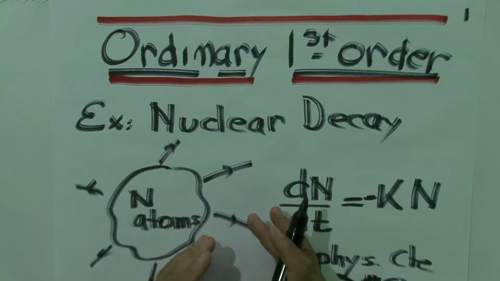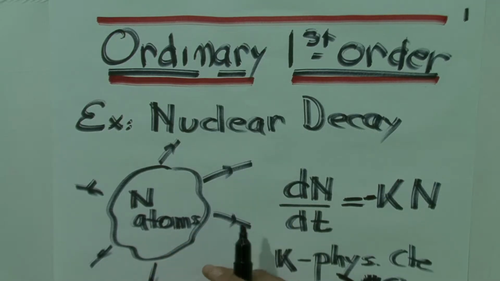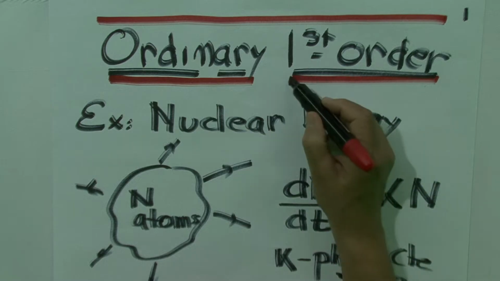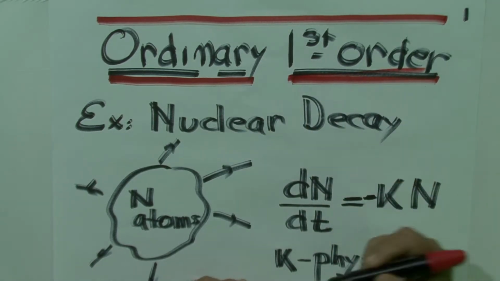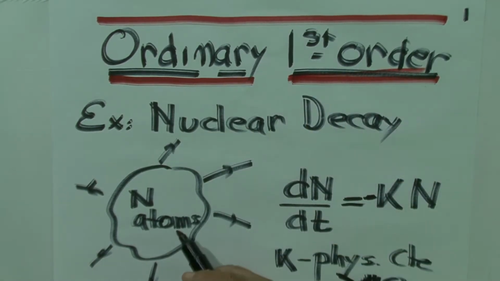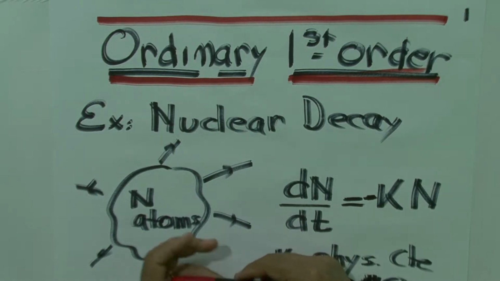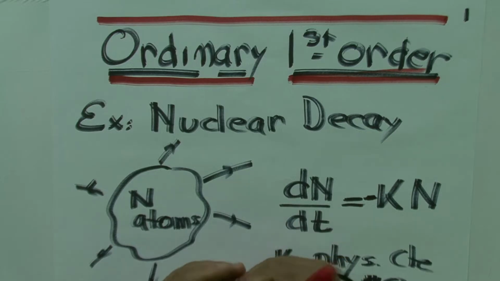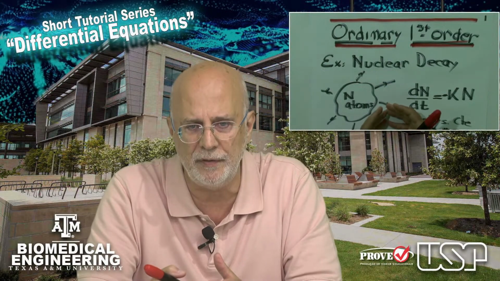Let's today deal with ordinary differential equations of first order. That means that only one derivative will appear in the problem. And I'm going to take a few examples so I can illustrate to you how we solve those equations.